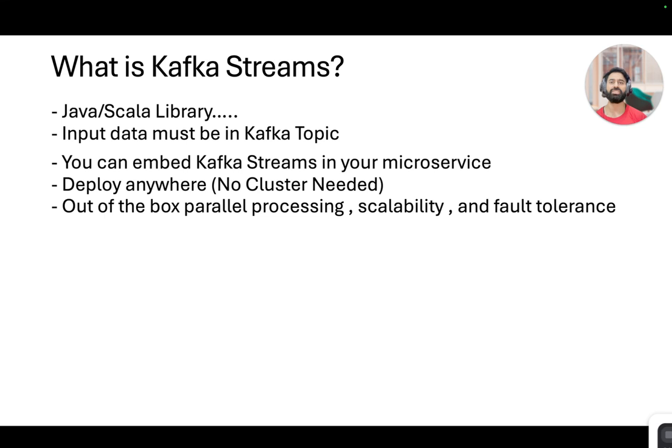So your application is just another typical application with inherent parallel processing capabilities, fault tolerance, and scalability, which is given to you by the Kafka Streams library out of the box. Kafka Streams library is specifically designed for the sole purpose of stream processing, so it allows you to handle those unique stream challenges.